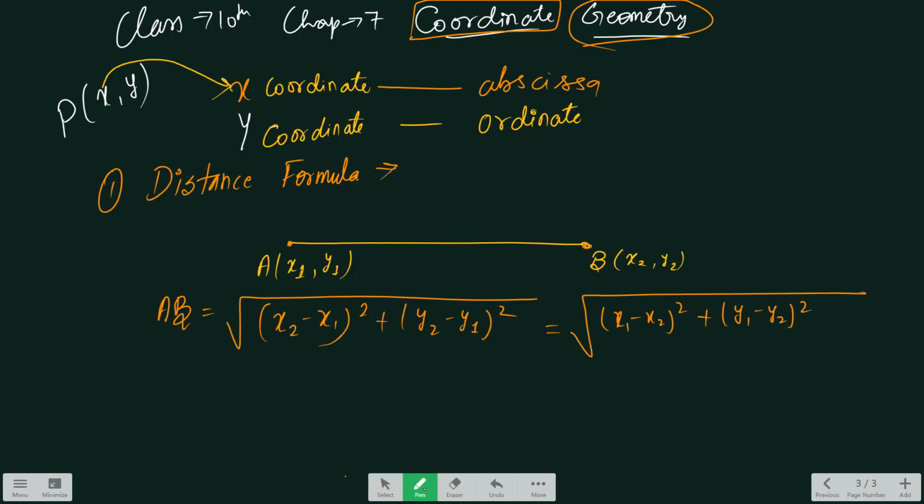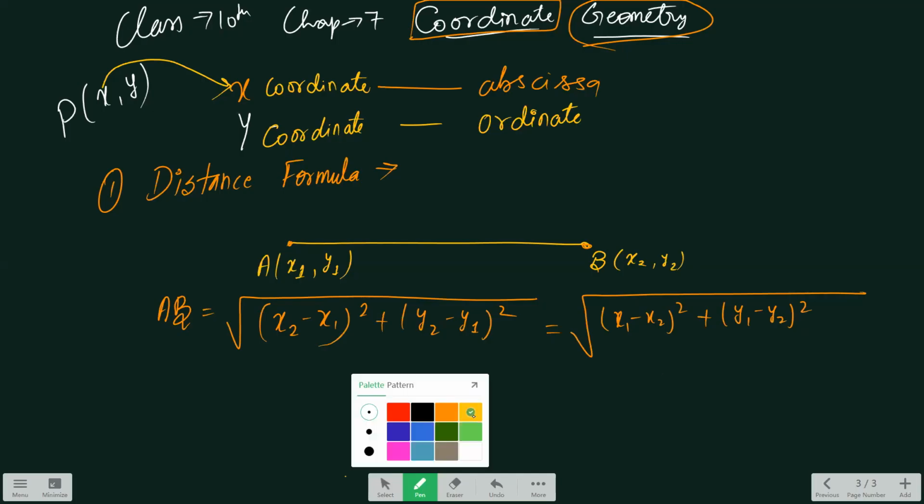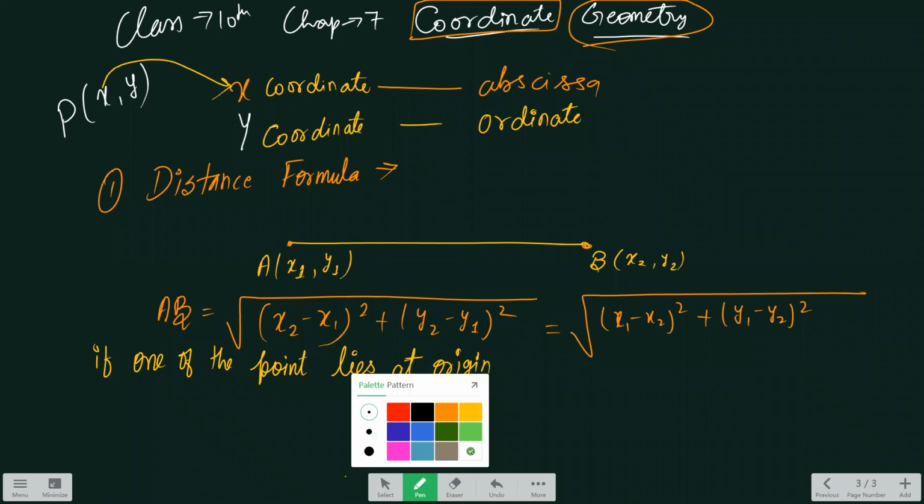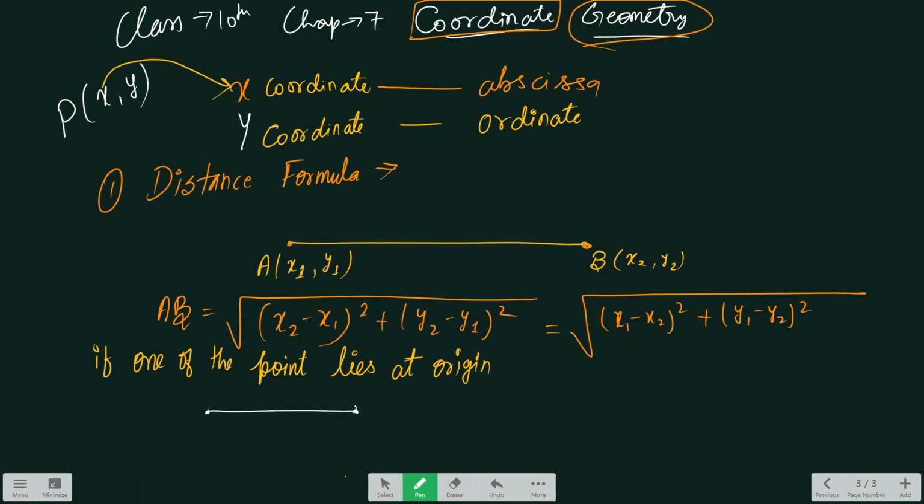One more condition there in the distance formula. If one of the points lies at the origin, like suppose point A lies at the origin, so the coordinates of A are (0, 0) and the coordinates of B are (x, y).